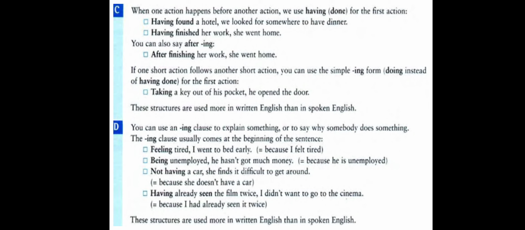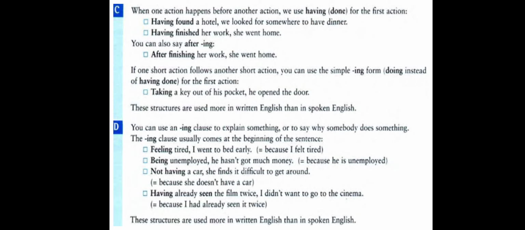Another example. Having already seen the film twice, I didn't want to go to the cinema. Because I had already seen it twice, I didn't want to go to the cinema. We cut off because, we cut off I, and change had into having, into the base form plus ing.